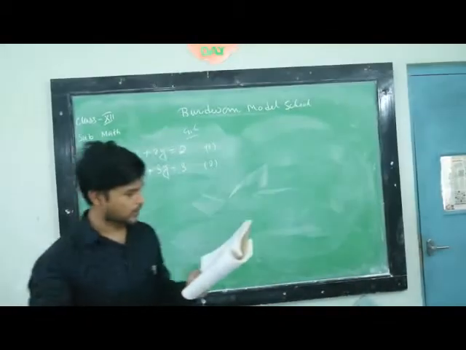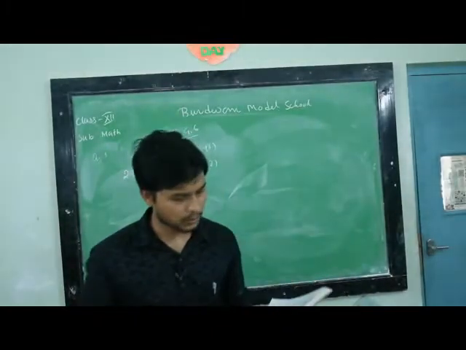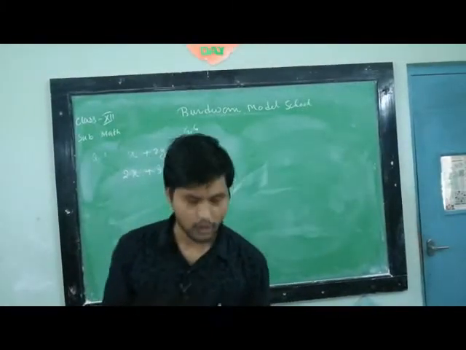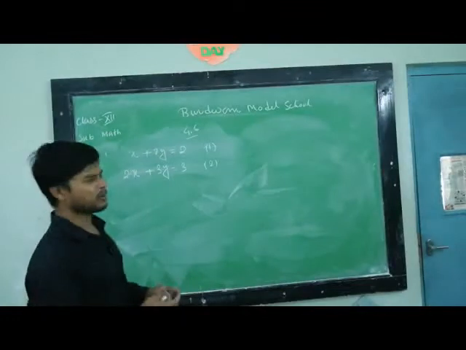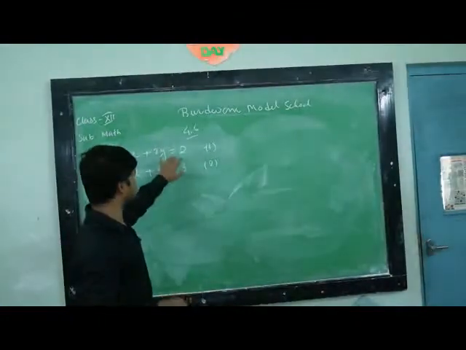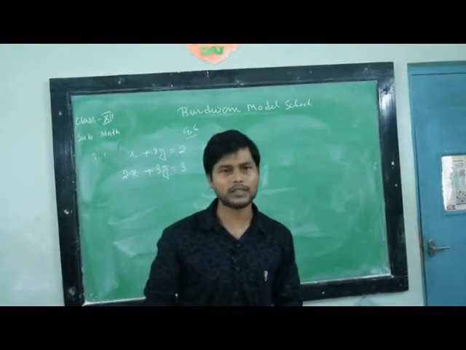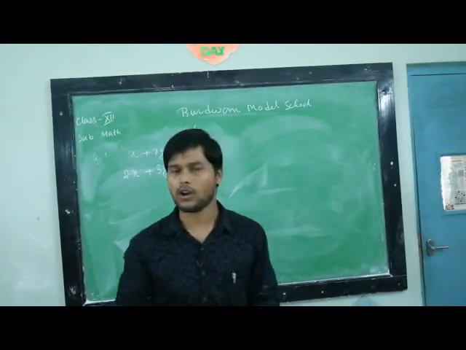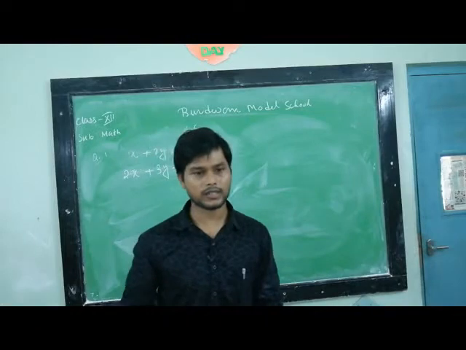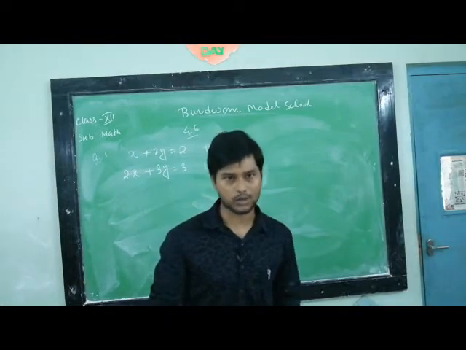The question is: examine the consistency of the system of equations in exercises 1 to 6. So we have to just check whether the given system of equations is consistent or not. Consistent means it has a unique solution or infinite solutions, and inconsistent means it does not have any solution.